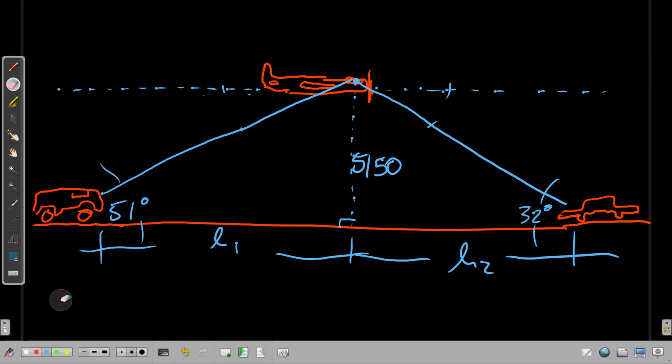I guess we'll just solve it. So L1 is, well, tangent of 51 is rise over run, and so I'd have 5150 over tangent 51.